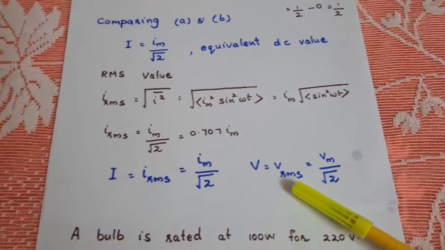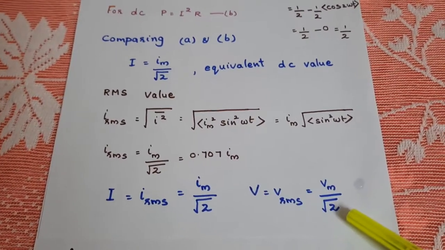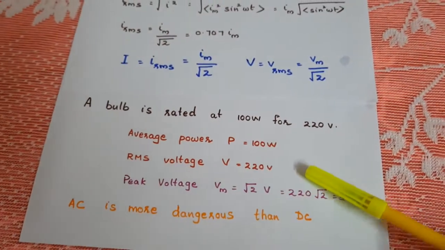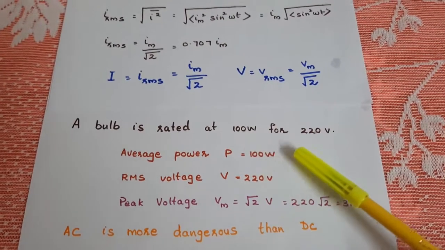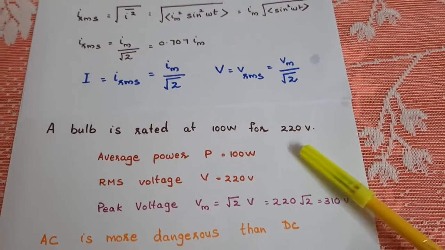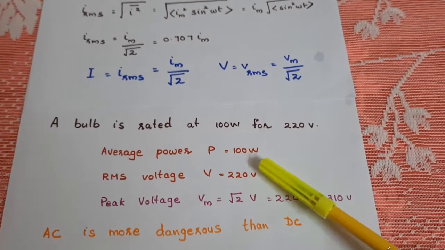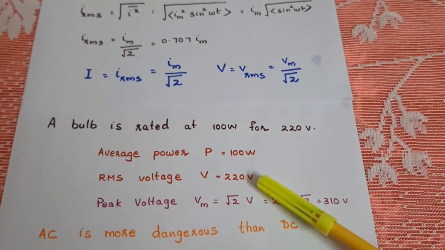Similarly, RMS voltage is equal to Vm by root 2. For example, a bulb is rated at 100 watt for 220 volts. That means the average power is 100 watts and RMS voltage is 220 volts.